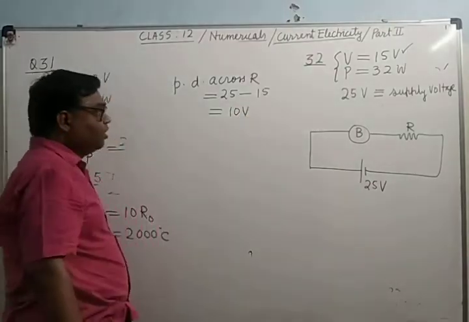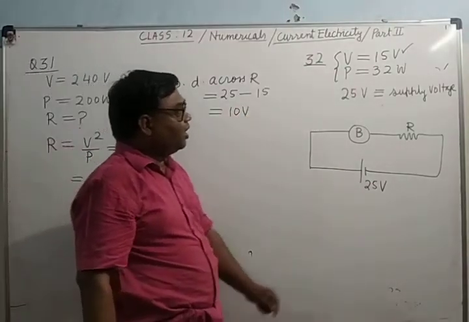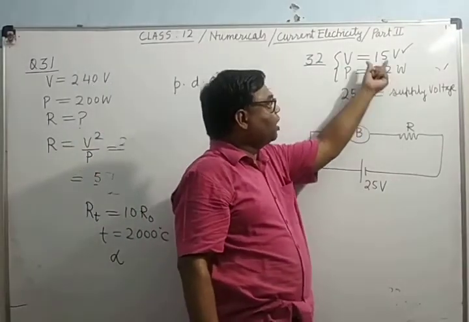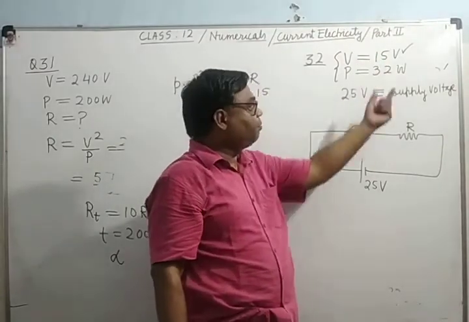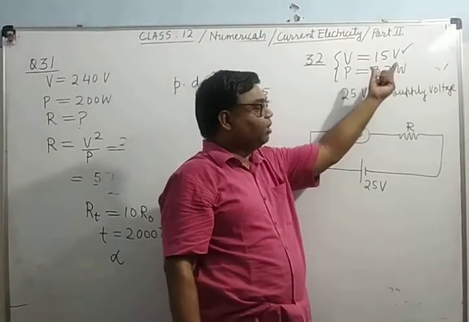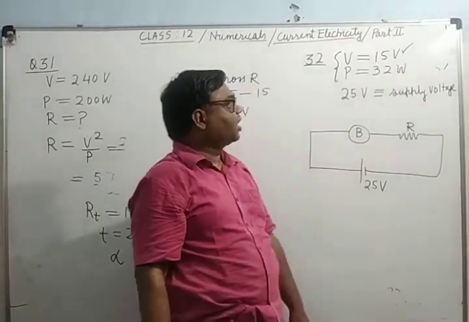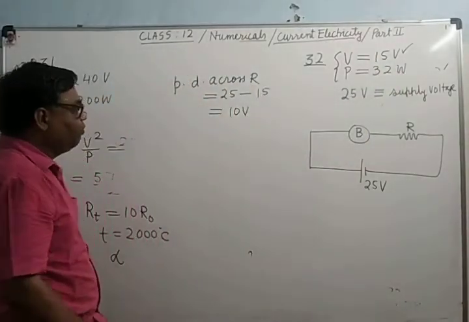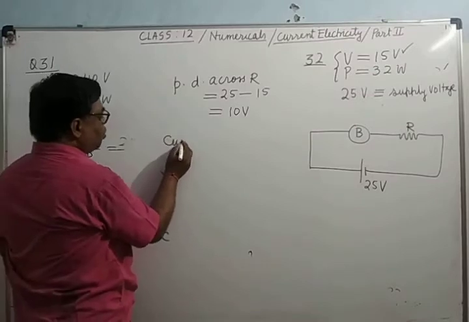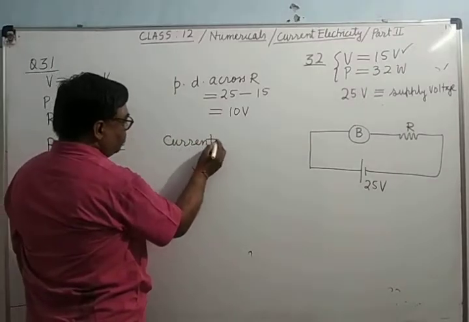Now see here, the available power is 32 watt and the voltage across it is 15 volt, then what will be the current through the bulb?